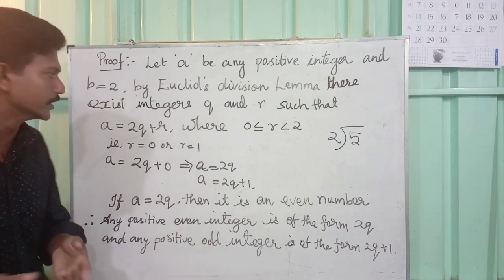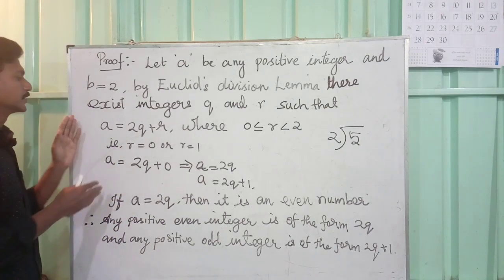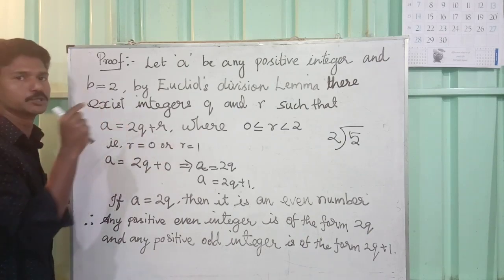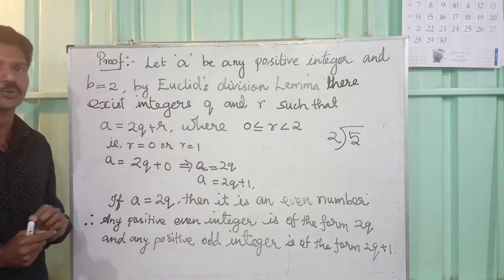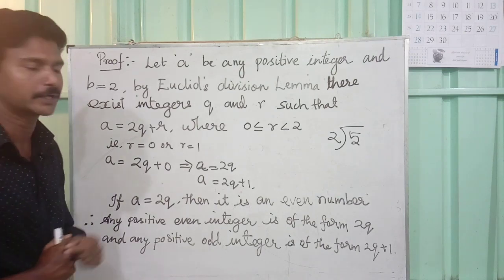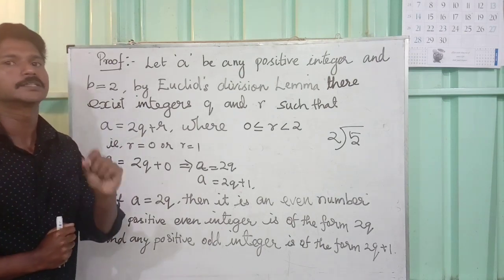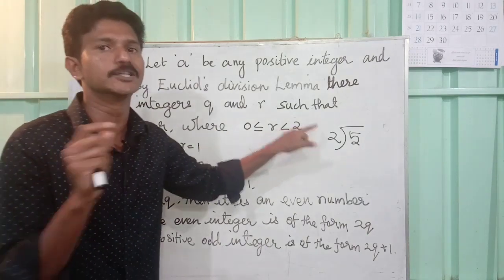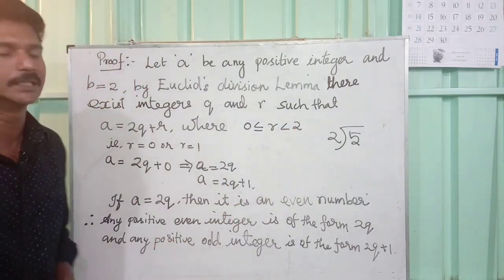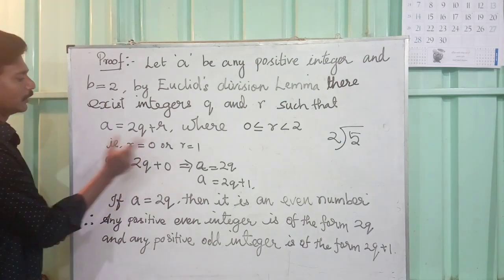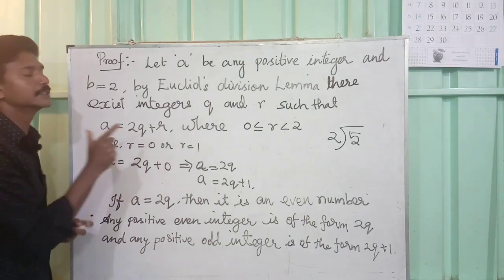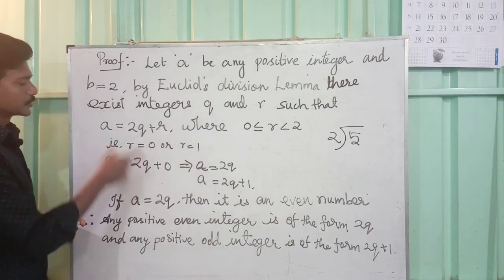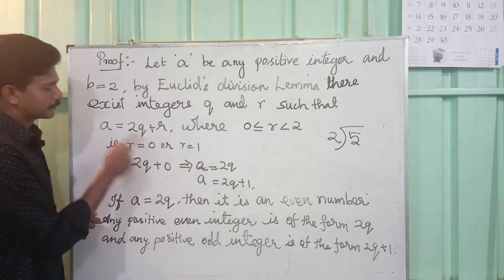That I already said. So we can write a is equal to bq plus r, here b is equal to 2, so a is equal to 2q plus r, where r is greater than or equal to 0 and less than 2, right? As per the lemma, the r value is either 0 or 1. Either 0 or 1.